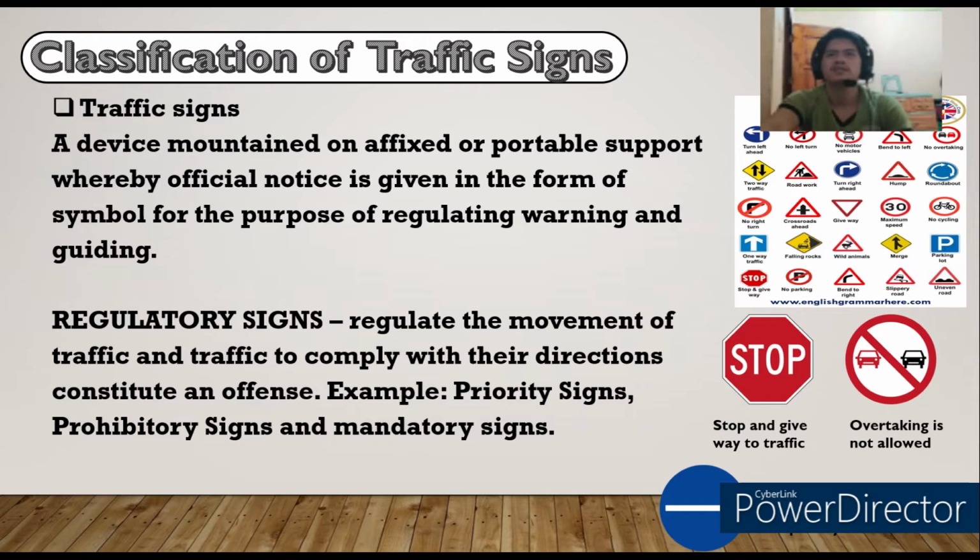And if this is the law, we must always obey that sign when we are driving on the road or walking on the streets. The following are examples of regulatory signs.